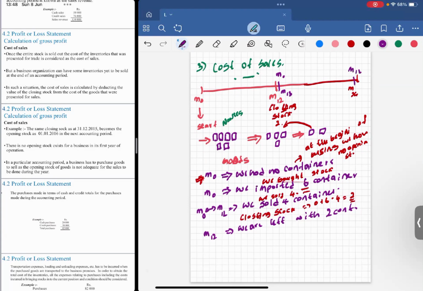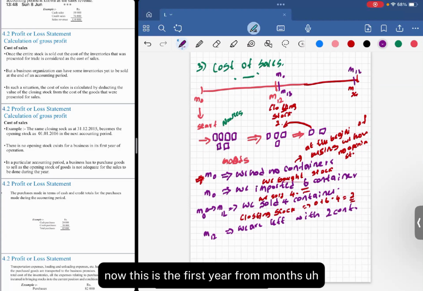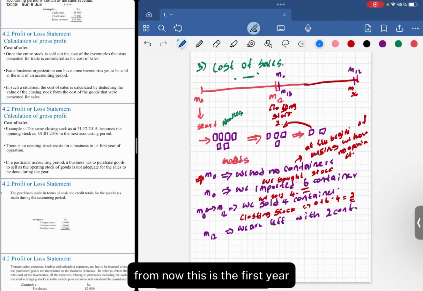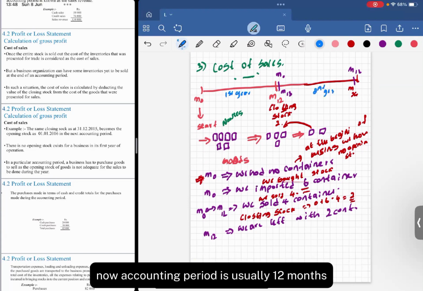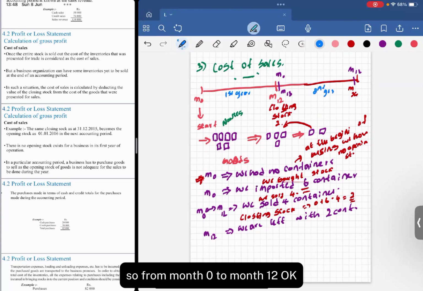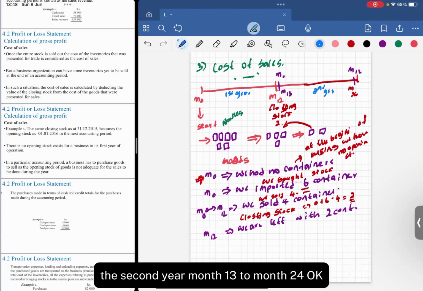This is the first year. Now this is the second year. Accounting period is usually 12 months. So from month 0 to month 12, and the second year, month 13 to month 24. Now we also call it month 0 to month 12.